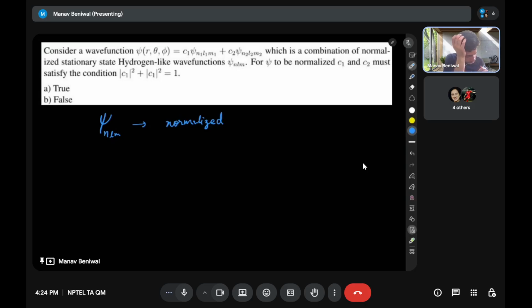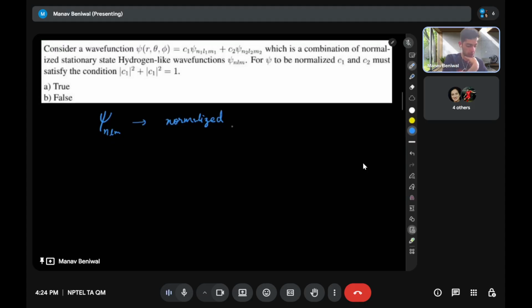Okay, basically they are orthonormal because they are hydrogen-like, so they are normalized but they are also orthogonal to each other, which means that they are orthonormal. Okay, and then they are asking that for the given wave function, which is written as a linear combination of these two, for psi to be normalized, c1 and c2 must satisfy the condition mod c1 square plus mod, okay, I think there is a typo here.